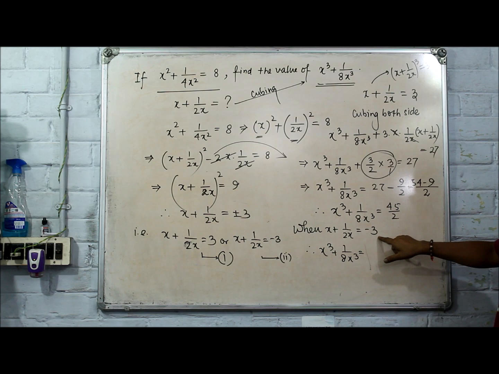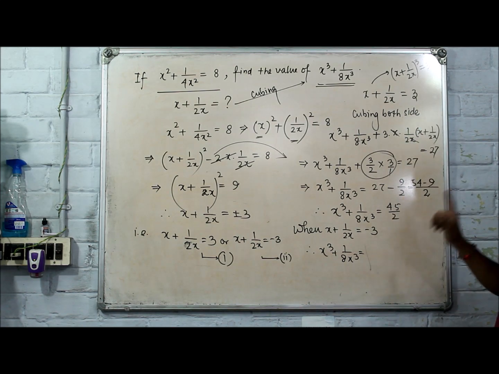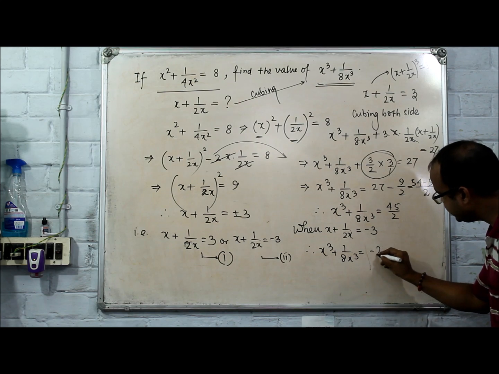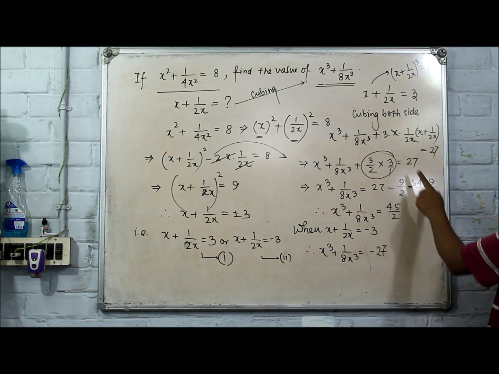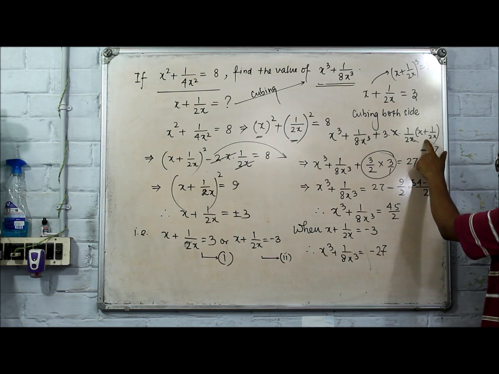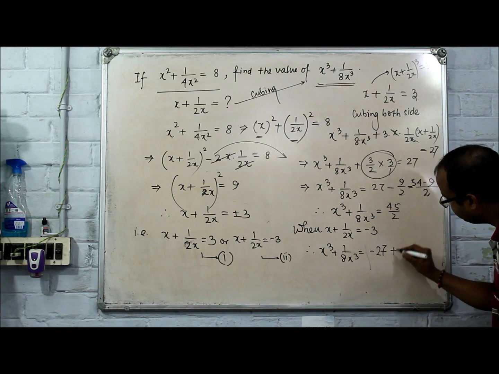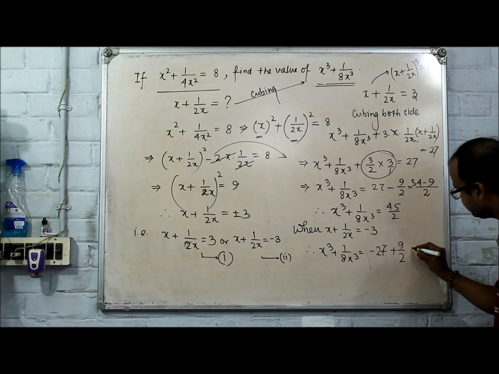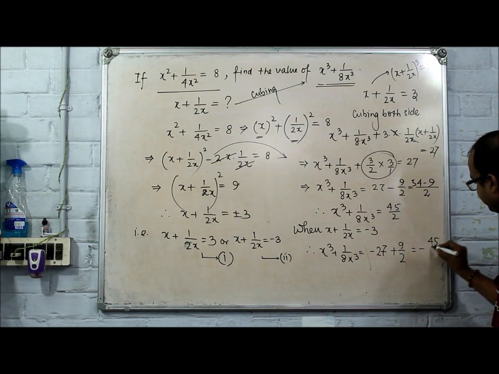If you cube, you get minus 3 to the power 3, which is equal to minus 27. And in this place, if you substitute minus 3, this will become minus 9 by 2, so it will become plus 9 by 2. So this time your answer will be minus 45 by 2.